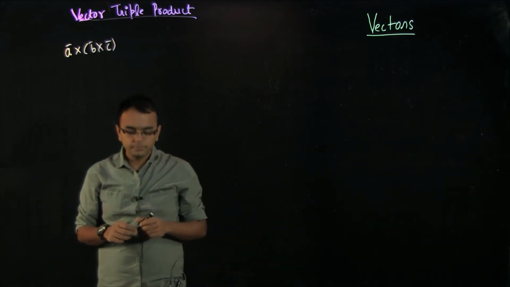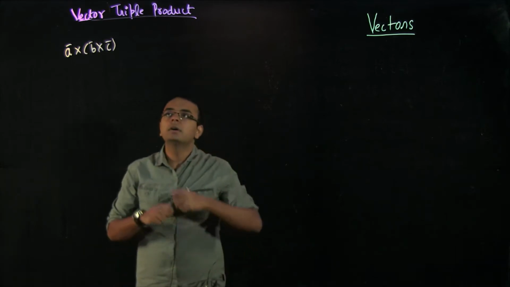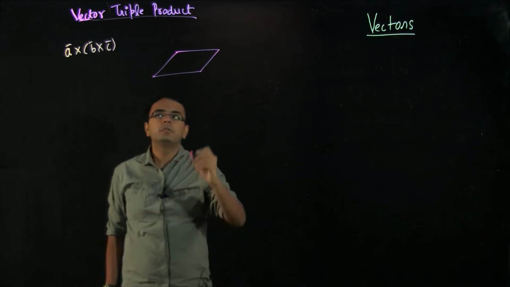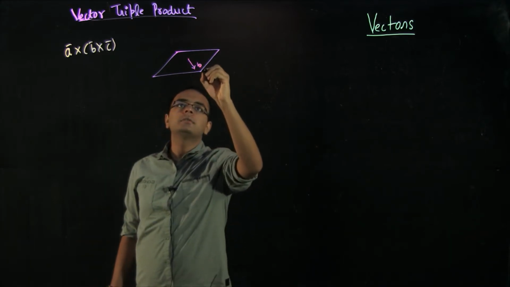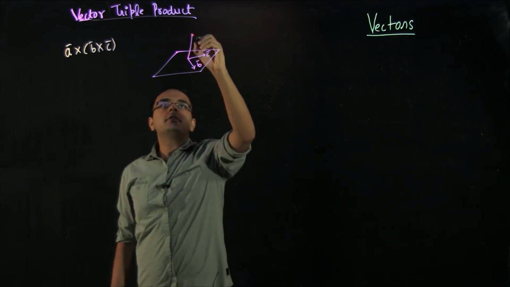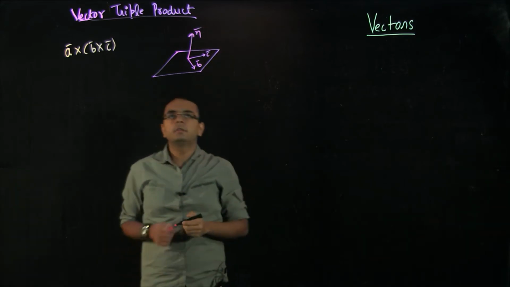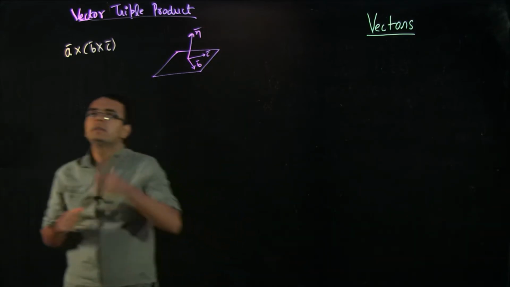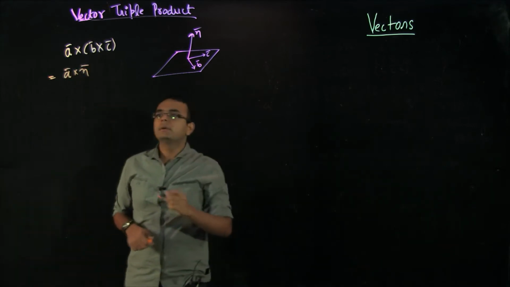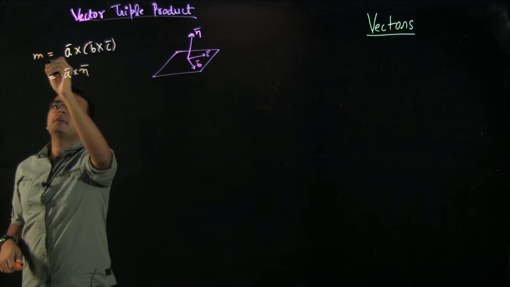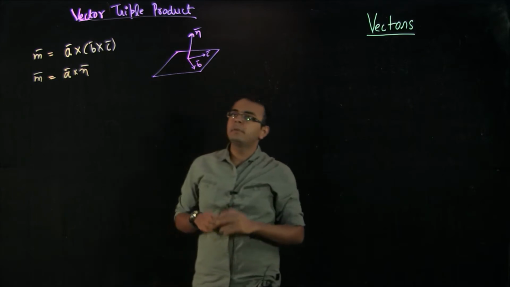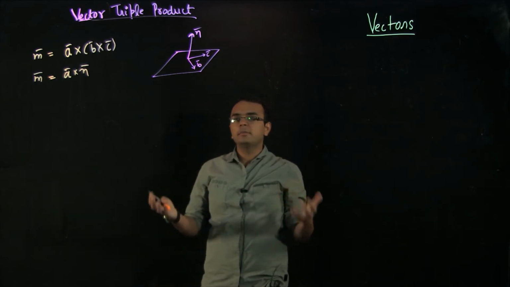Let us discuss how. If we start with B cross C, then we know that B cross C is a vector. Let us say that this vector is N, so we have A cross N, and let us call this vector M. Now vector M is perpendicular to both A and N, because that is the property of a cross product.